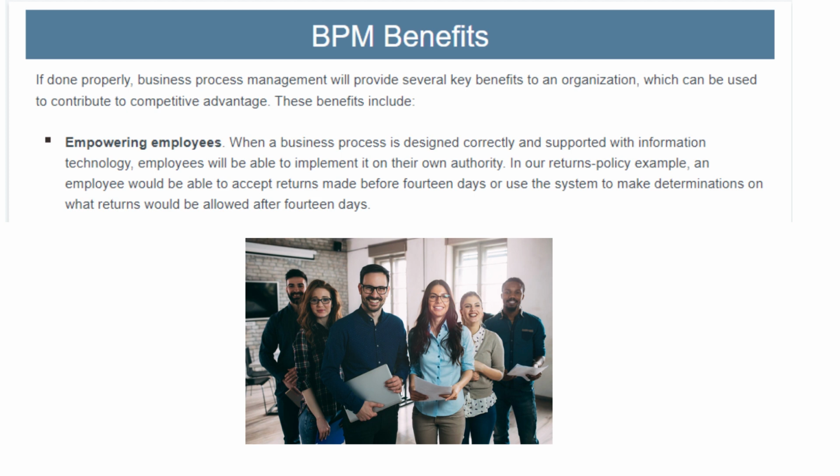In our returns policy example, an employee would be able to accept returns made before 14 days or use the system to make a determination on what returns would be allowed after 14 days.